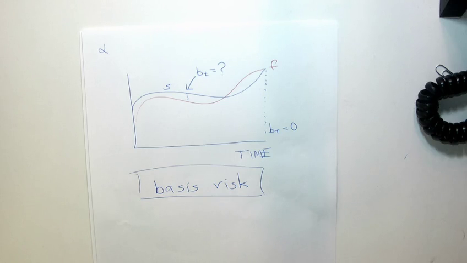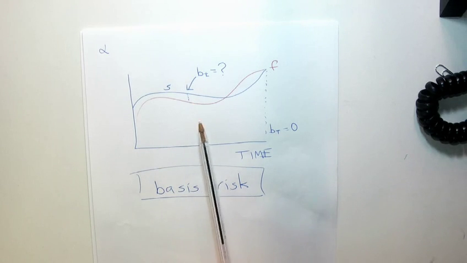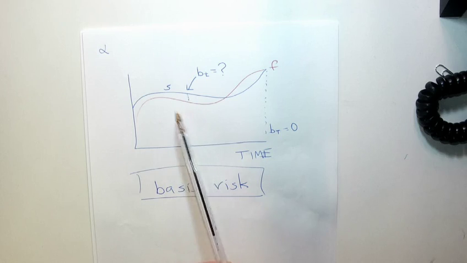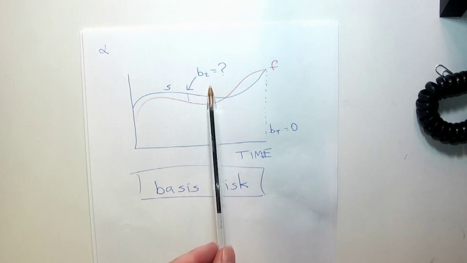Because if you intend to close out before expiration, which is most of the time, then you do not know how effective the hedge is going to be, because basis risk, basis at b small t, is unpredictable.